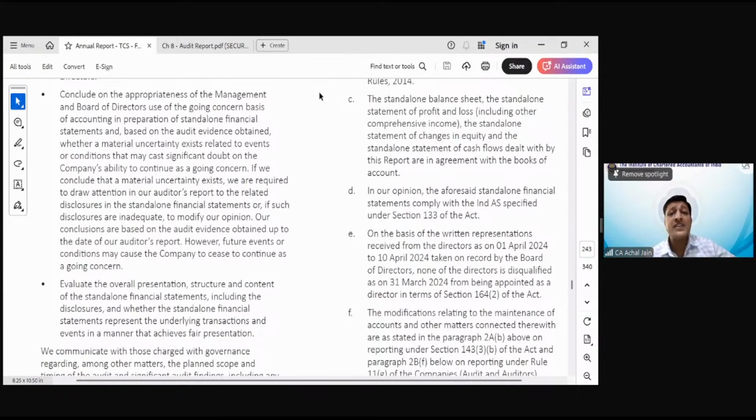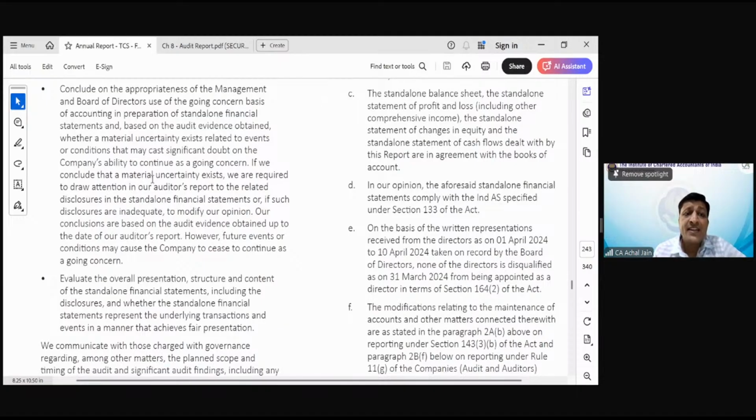So going concern basis, who has used this? Management, board of directors. But we are concluding on that. Means we are checking whether it's appropriate or not. He's saying if we conclude there is a material uncertainty, we are required to draw attention in auditor's report to related disclosures in the financial statements.